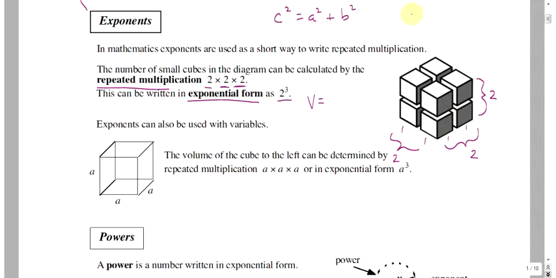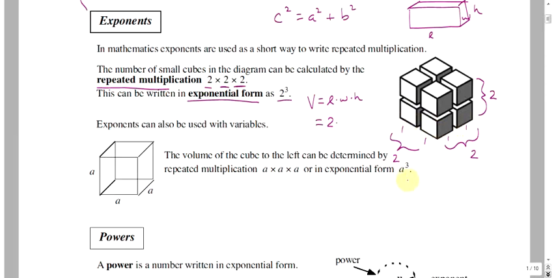So if I said to you, what's the formula for the volume of a cube? We don't just have 2 dimensions, length times width. We have a third dimension, right? And you should have done this in grade 9 too. So volume is length times width times height. These dimensions are all the same. Length is 2. Is this the length or is this the length? Is there right or wrong here?